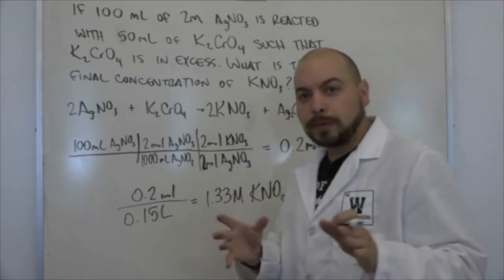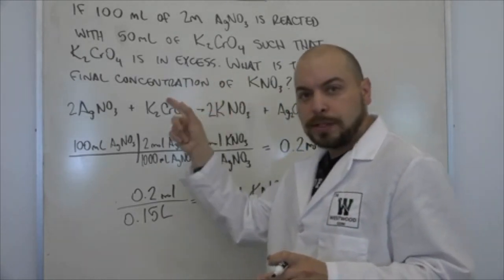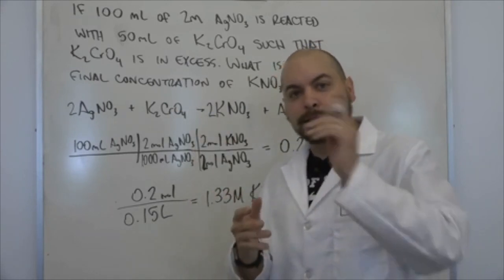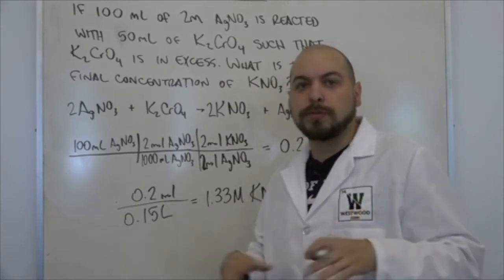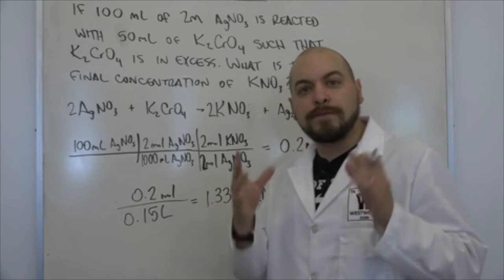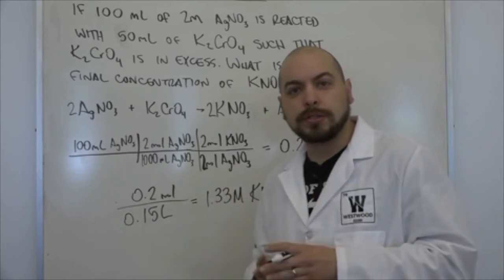Be aware, when adding liquids together, you always add the volumes. But if you're ever adding a solid in, you always assume that the volume will not change. So those are some very important things to keep in mind when doing solution stoichiometry.